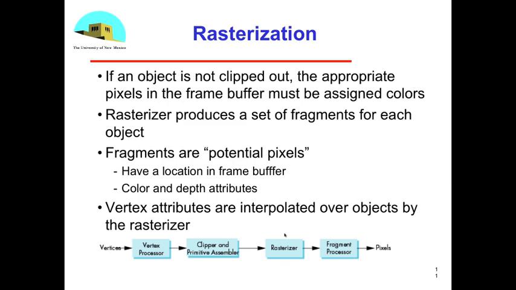What comes out is a potential pixel with a location in the frame buffer, and it may have a color, which is the color that we set back up here, which will be averaged over the primitive as part of the rasterization, and other information may come through. So even though we've done projection here, some of the information about depth will be carried on through this process and available to the fragment shader inside of the fragment processor.